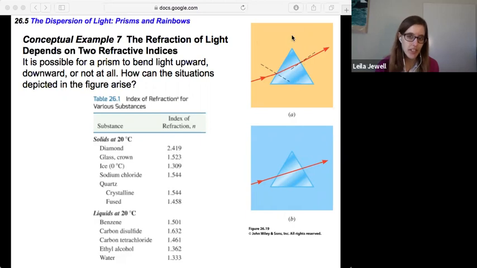But if we instead place our prism in a material with a higher refractive index, like carbon disulfide, that's now a greater refractive index than the crown glass, right? Carbon disulfide is 1.632, the crown glass is 1.523. So that can cause it to bend upward in this case.